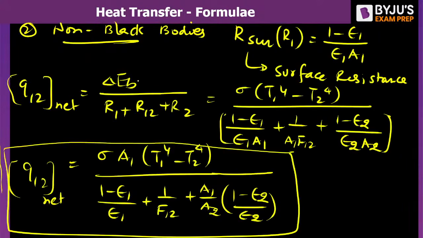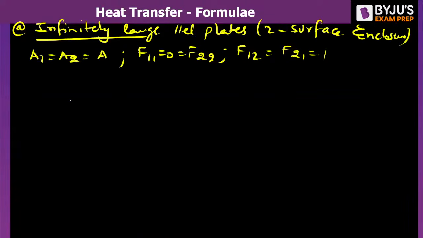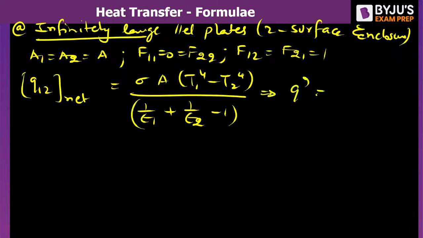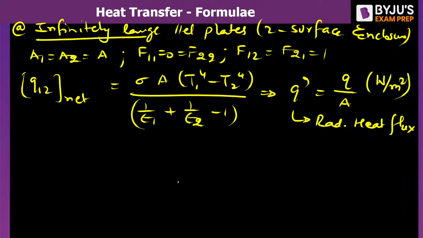If we put the values in the previous equation, then Q1 to 2 net is equal to sigma into A into T1 to the power 4 minus T2 to the power 4 upon 1 by epsilon 1 plus 1 by epsilon 2 minus 1. Or we can say Q dash is equal to Q by A. That is the radiation heat flux. The unit is watt per meter square.